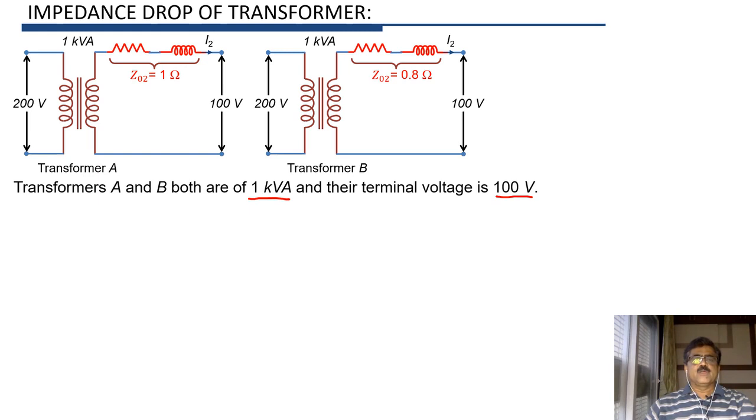Now if the question is which transformer is better, A or B, you can say that transformer B is better as compared to A, because the equivalent impedance of transformer as referred to secondary in case of transformer B, it is 0.8 ohm, whereas in case of transformer A, it is 1 ohm, and therefore voltage drop in Z02 of transformer B will be less than the voltage drop of transformer A. But in this case, we can directly compare these ohmic values of Z02 because the rating of two transformers is the same, 1 kVA.